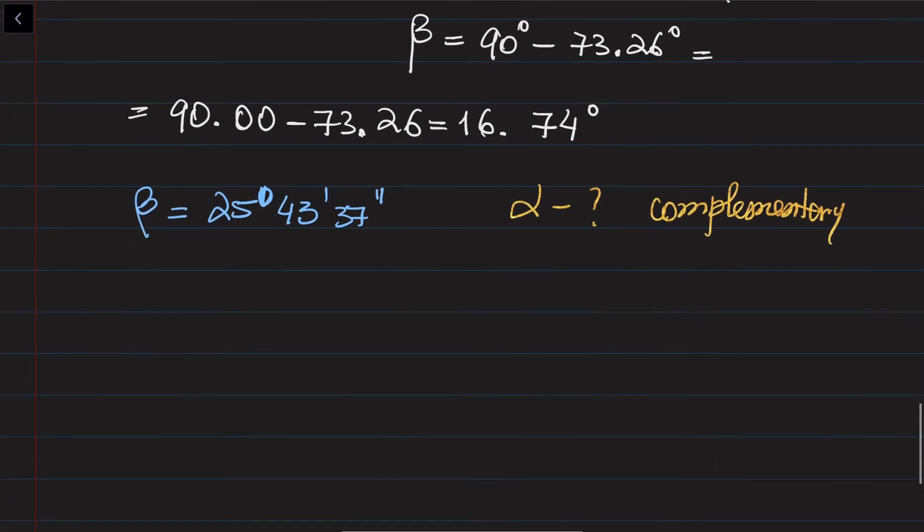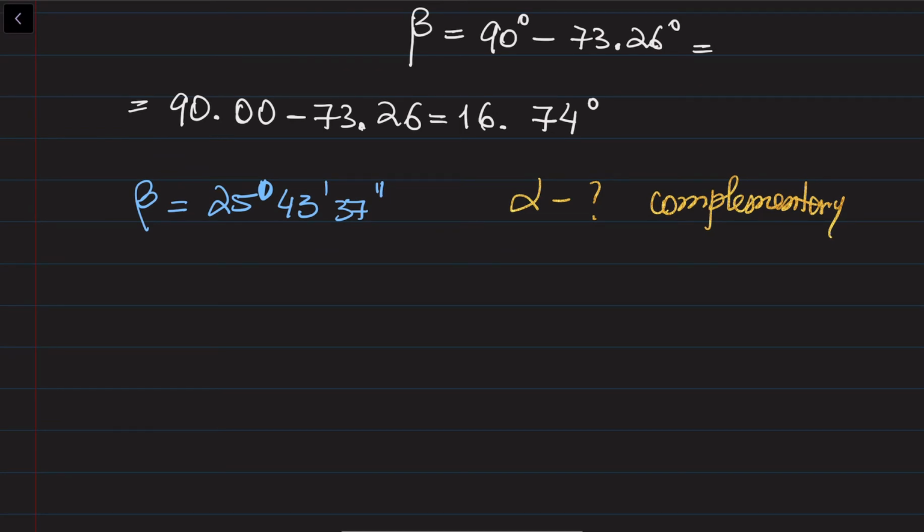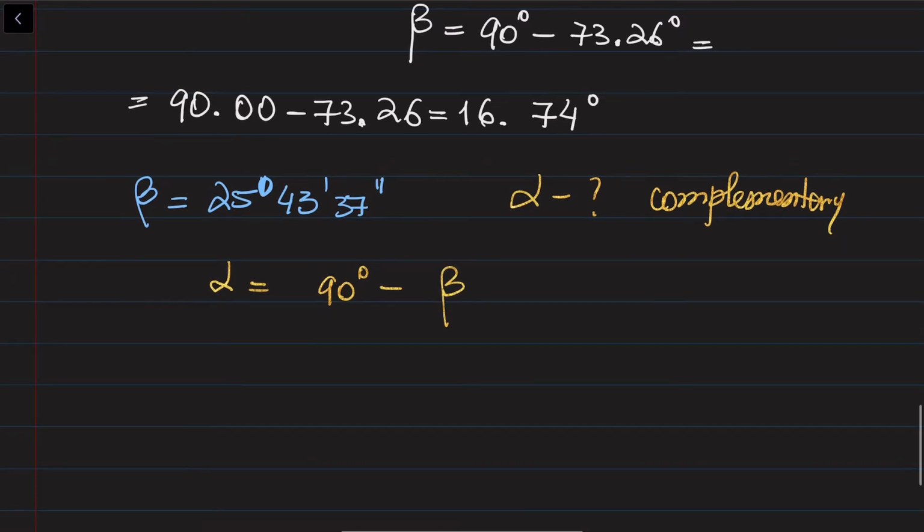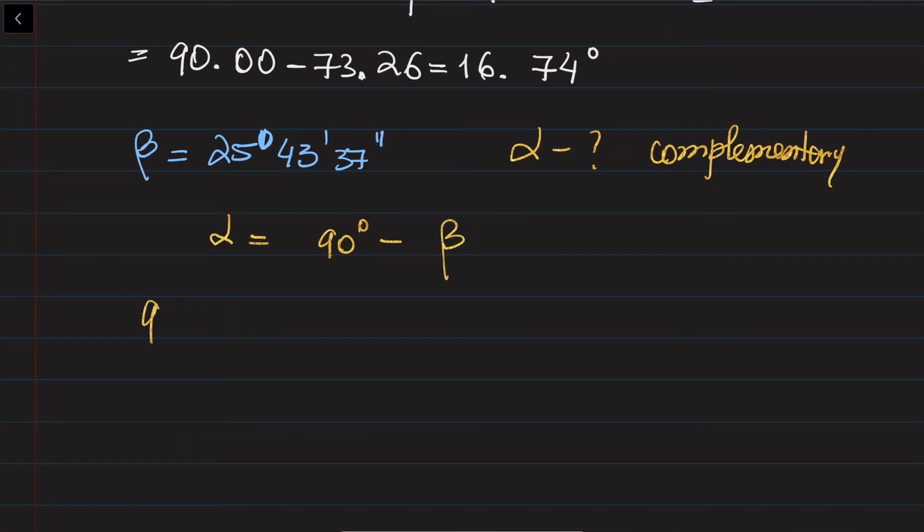I can't really subtract this from 90 degrees anymore, right? Because now this angle is given in terms of the notation of minutes and seconds. So what I have to do is write down that alpha is going to be equal to 90 degrees minus beta, right? And now I'm going to write down 90 degrees in terms of minutes and seconds.